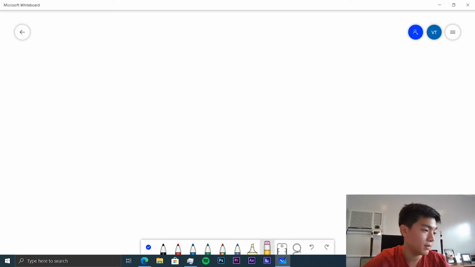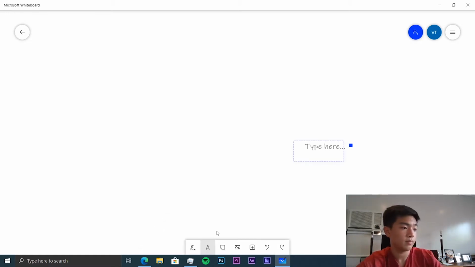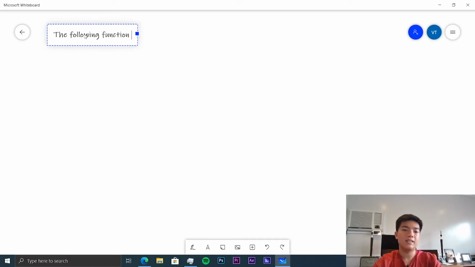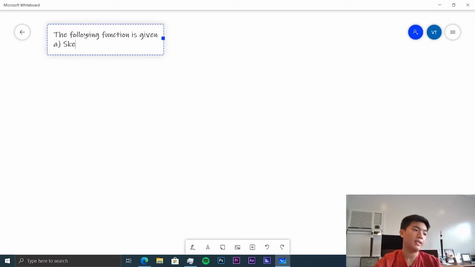So the first problem is: the following function is given. First, sketch the graph.